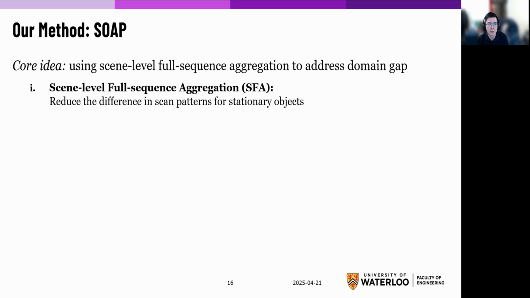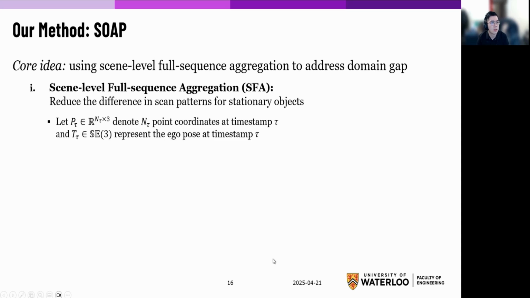It aims at reducing the aforementioned difference in the scanline patterns, specifically for stationary objects. So suppose we have some point clouds collected at certain timestamp tau and associated with an ego pose. So the ego pose represents the transformation from the ego vehicle's coordinate system to some arbitrary global and canonical coordinate system.